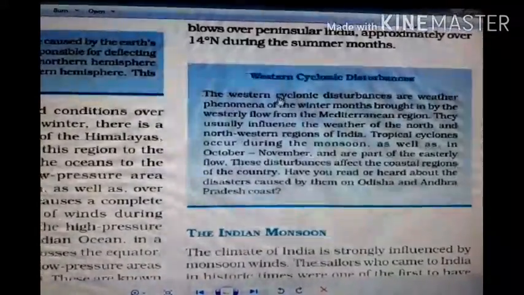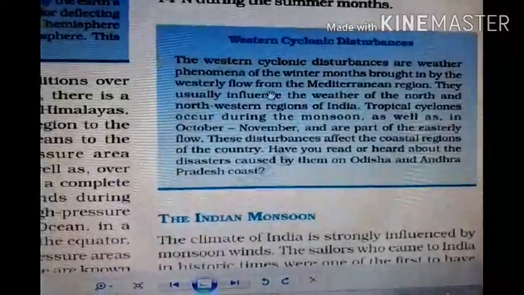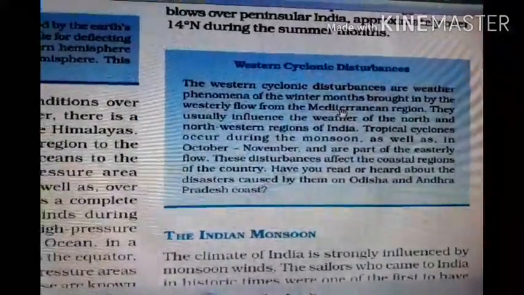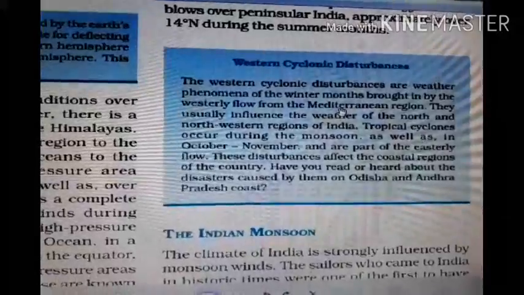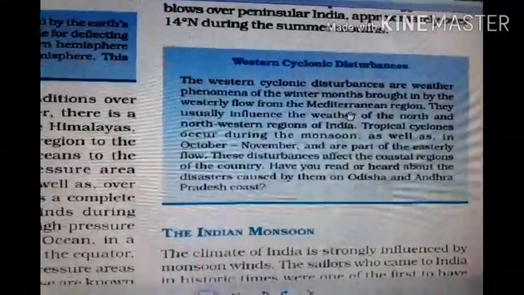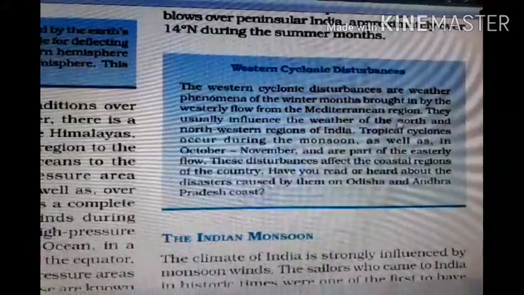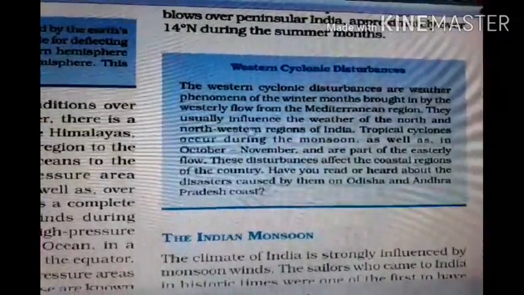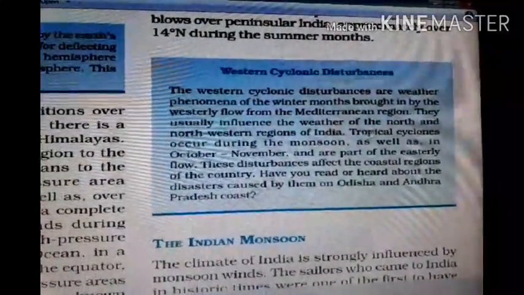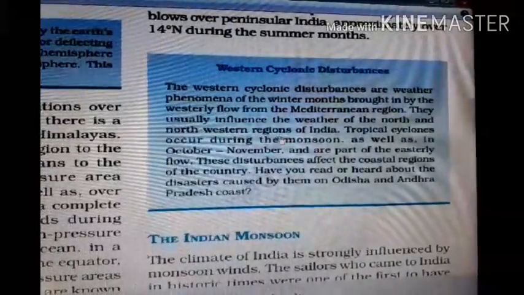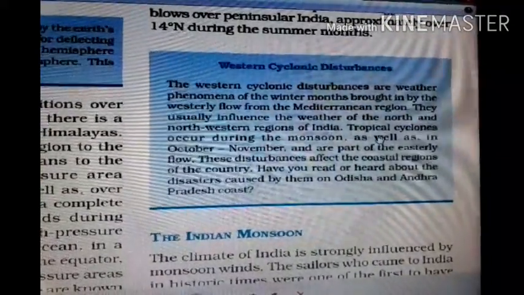It especially affects the northwestern part of India, particularly Punjab, Rajasthan, the northern part of Uttar Pradesh, Delhi, and Haryana. They usually influence the winter weather of the north and northwestern regions of India.